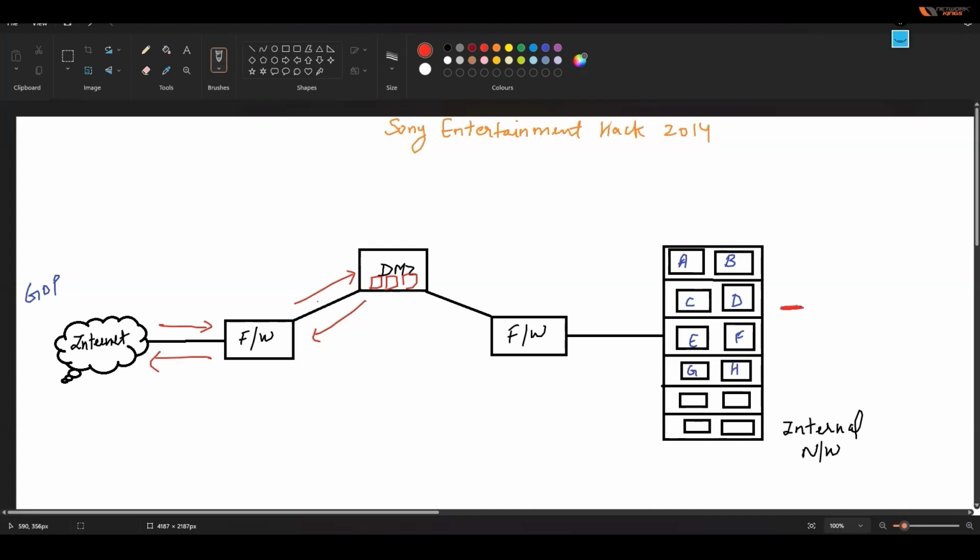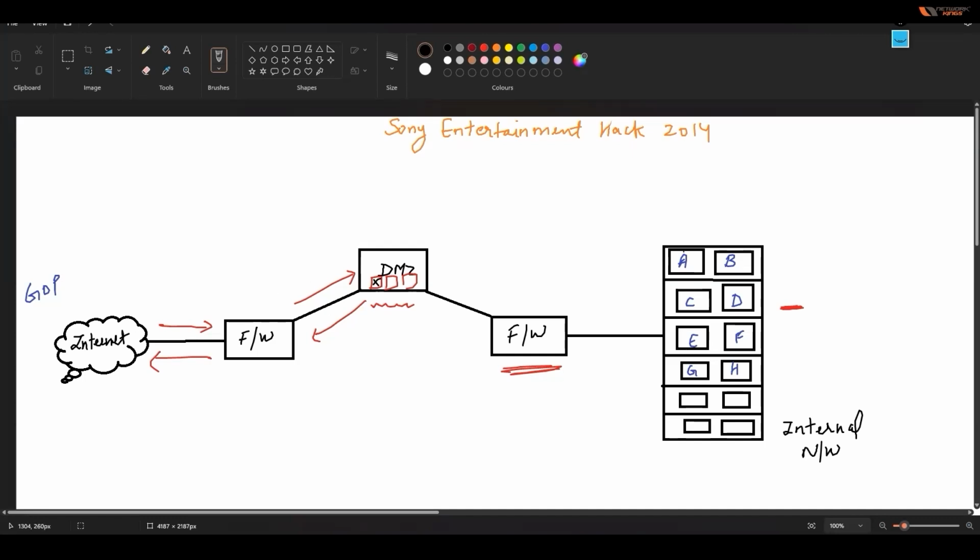Even if I'm able to bypass the DMZ, another firewall is sitting there that will drop my request before reaching your internal network. So here you can see as an attacker, my first goal is to get access to the traffic of the DMZ. Why? Because let's say I have a server, this particular server X. People from the internet can also access this.